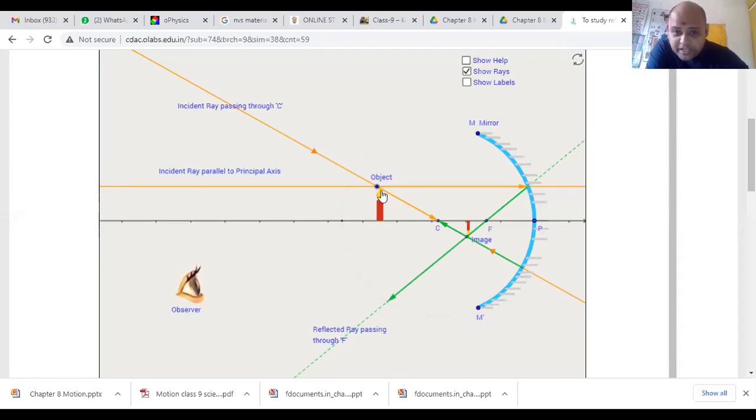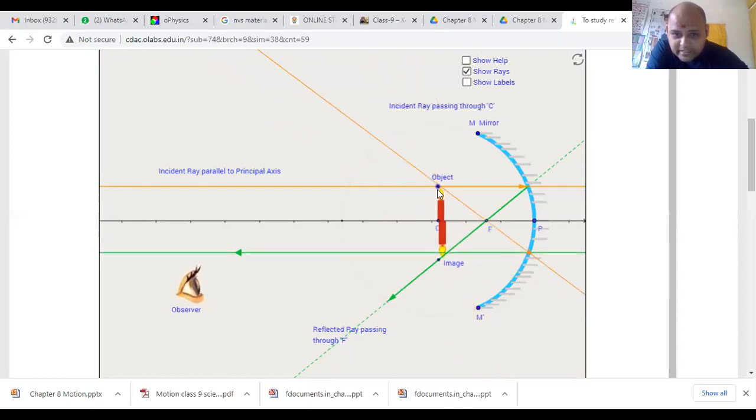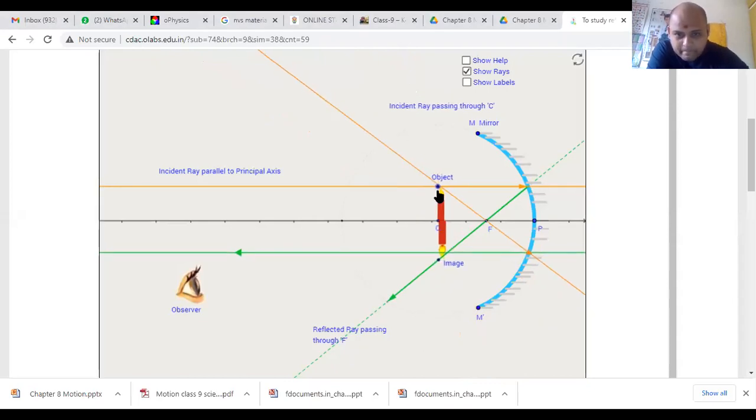When the object is exactly at C, sorry, it's difficult. Look at this one. Almost the same size.